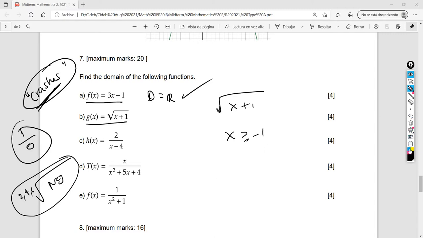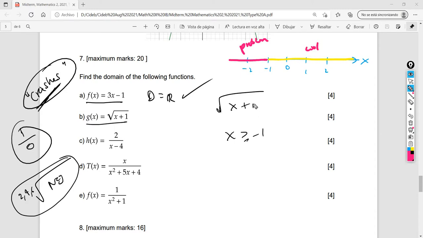If you want to plot that on the real line, you have 0, you have -1, you have -2, 1, 2, and if we give x any value from here onwards, then we will be safe. And if we give x any value below -1, that's going to cause a problem.